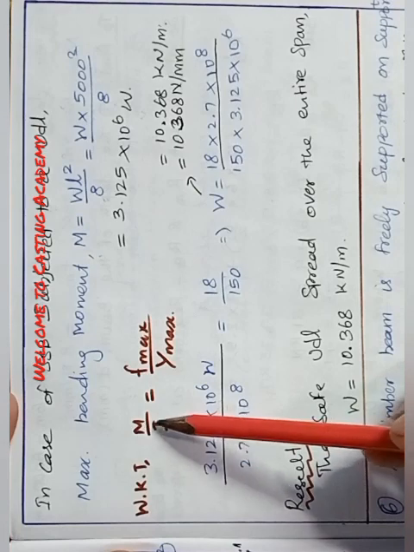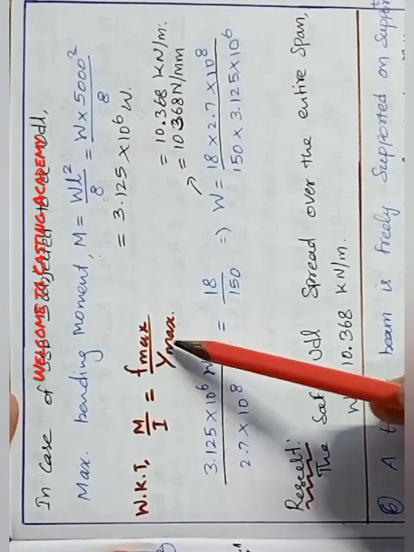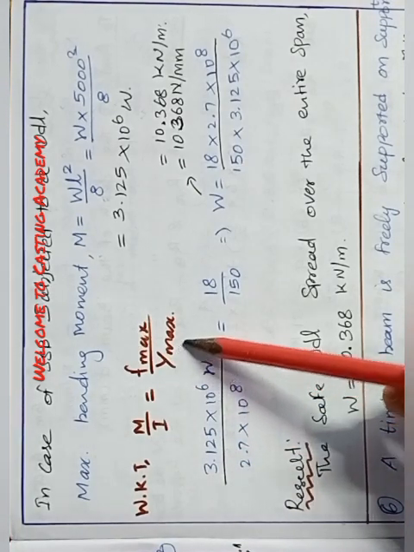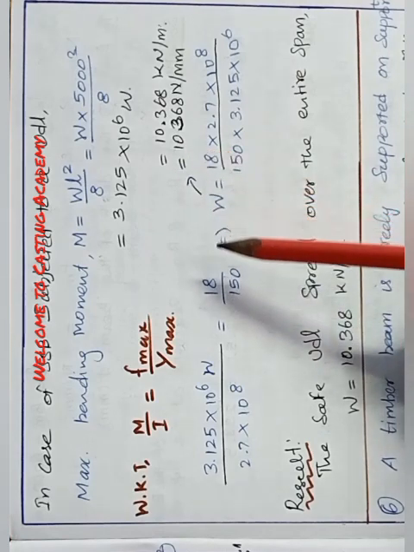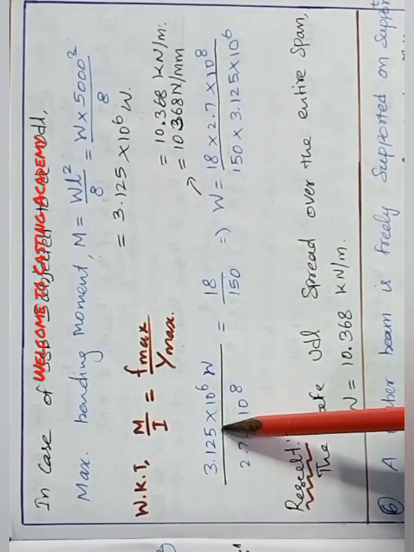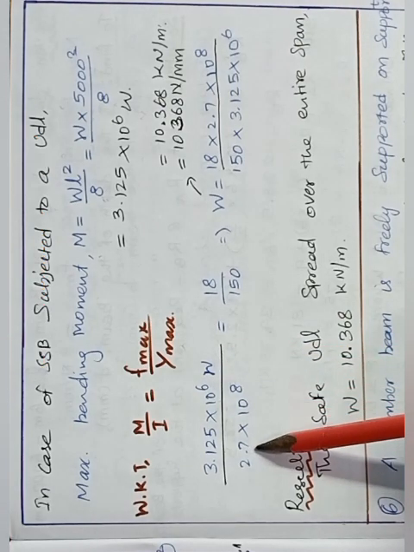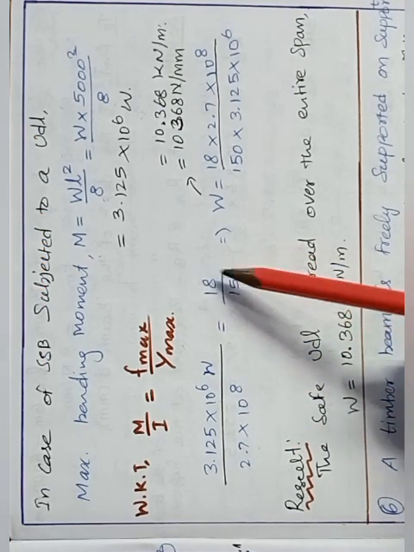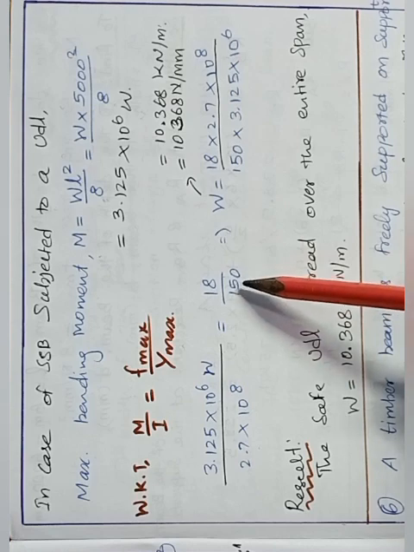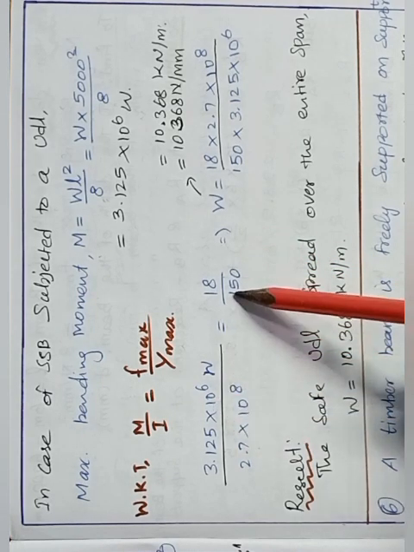So we know that the flexural equation M by I equal to F max divided by Y max. So just you put all the data, 3.125 into 10 power 6 into W divided by 2.7 into 10 power 8, this will be equal to 18 divided by 150.